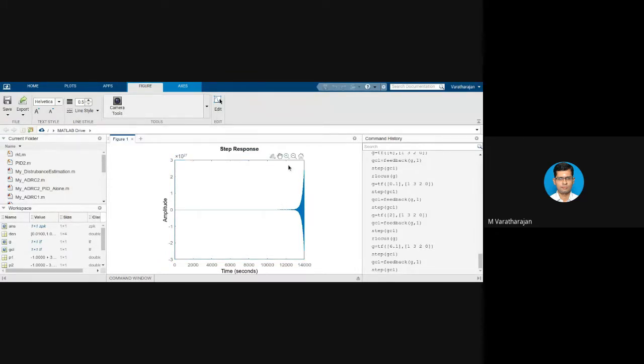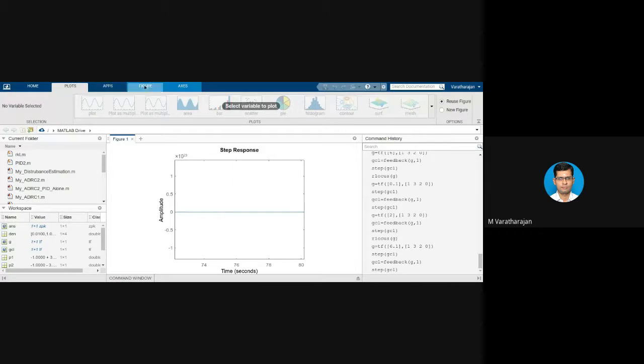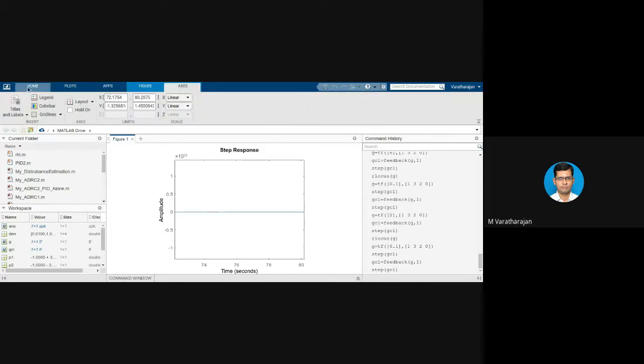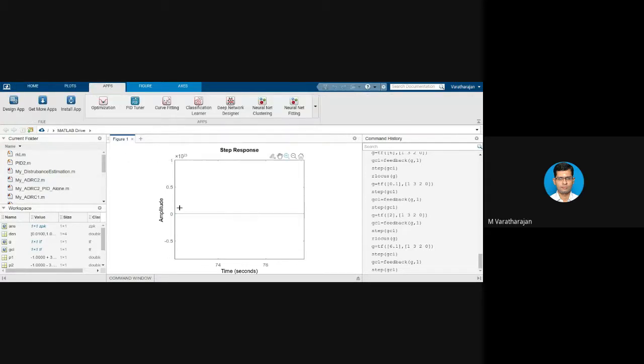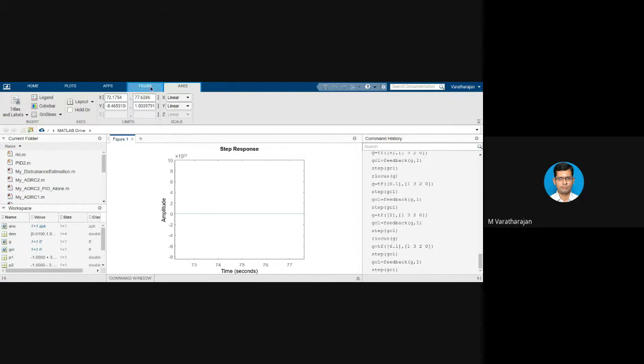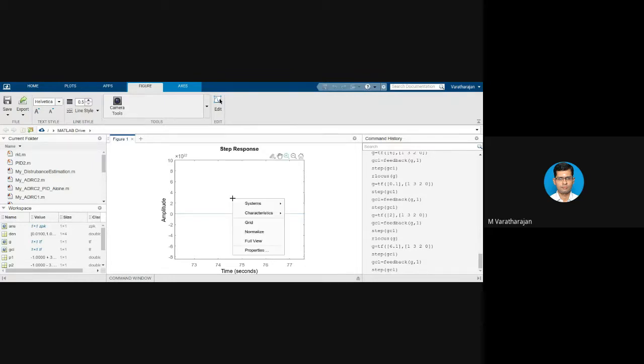Here, let us zoom this graph. There is no horizontal or vertical zoom.